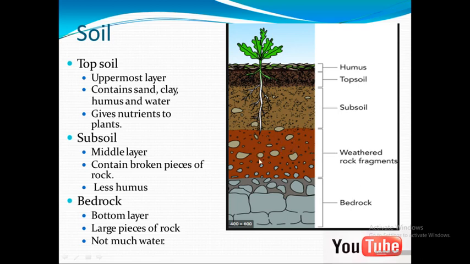So in this part a broken fragmentation of rock is present, and fewer vitamins and nutrients are present. And in the bedrock, here you don't find any water. It is made up of very large pieces of rock. These are the layers of soil.